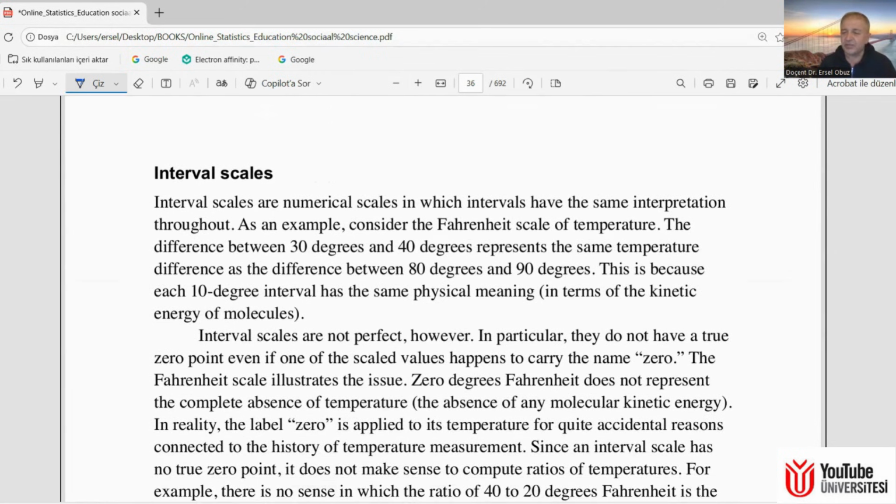The third one, the interval scale. This is a numerical scale. Okay, and then the best example is temperature. This scale doesn't have a true zero.